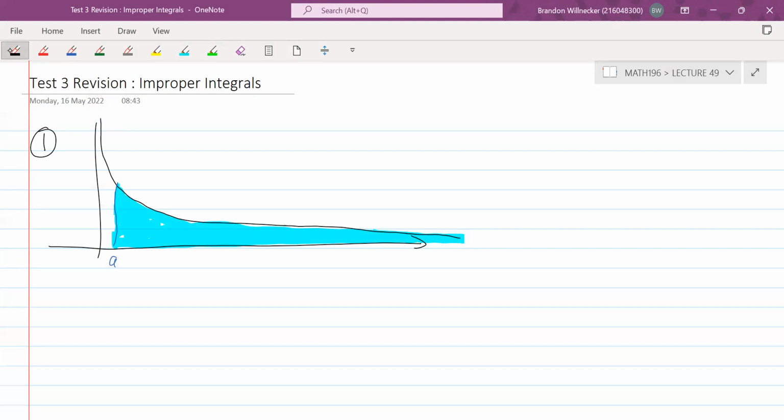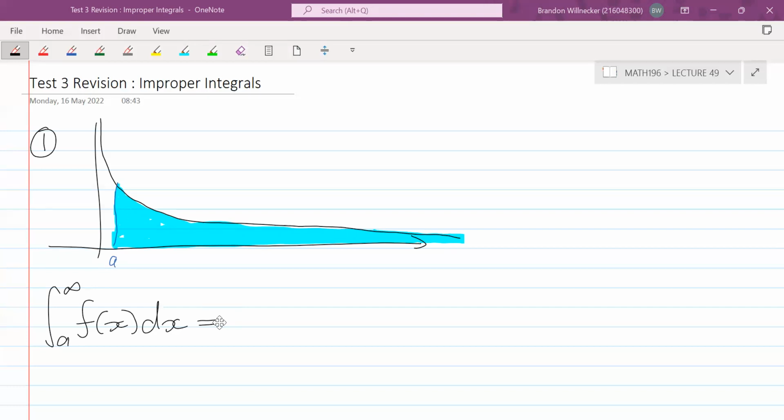So we start off by writing the integral from A to infinity f of x dx, but we can't just substitute infinity as an upper bound. It's not a number. You can't just plug it in as if the upper bound were something like 2. Instead, we replace infinity with another variable, usually t, and then we take the limit as t goes to infinity.